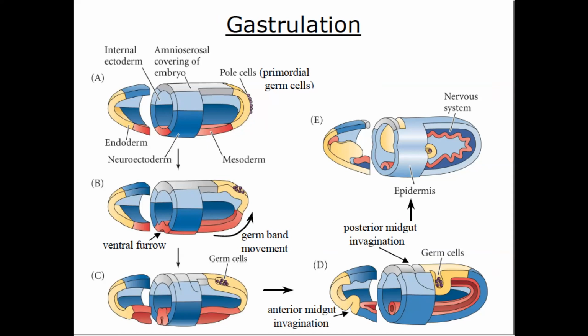So, can anybody tell me what is gastrulation and what does it lead to? Gastrulation is the process by which the single-layered blastula becomes a double-layered gastrula, and the three germ layers, the ectoderm, endoderm, mesoderm, are established. Great.